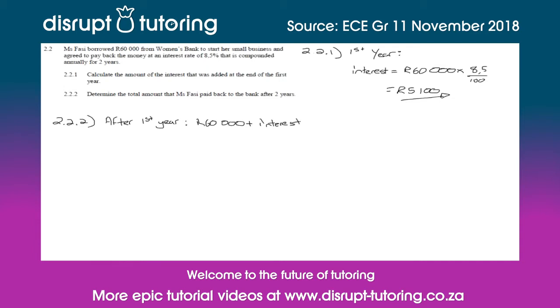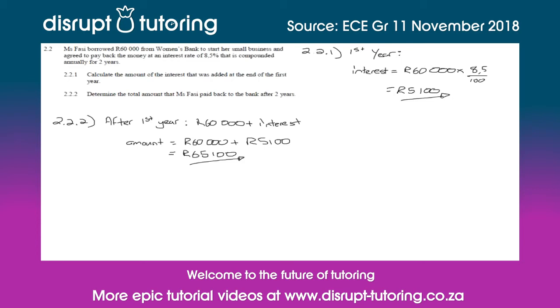And we have already calculated what this interest is going to be. So it's 5,100 Rand. So after the first year, the amount is equal to the 60,000 Rand plus 5,100 Rand, and this comes to 65,100. Just put that in your calculator. So that's after the first year.